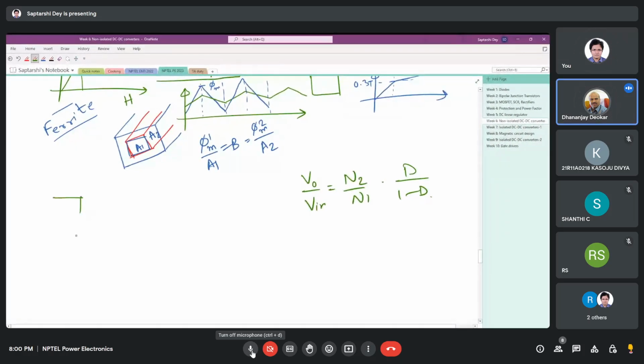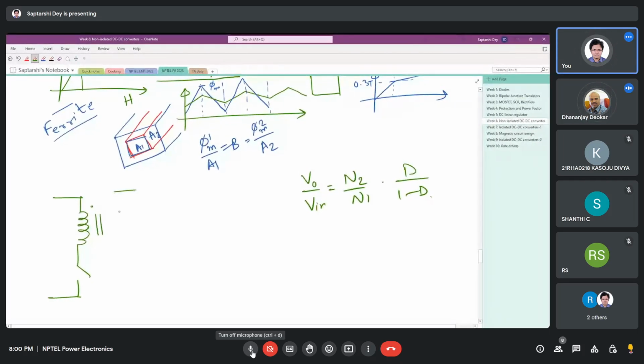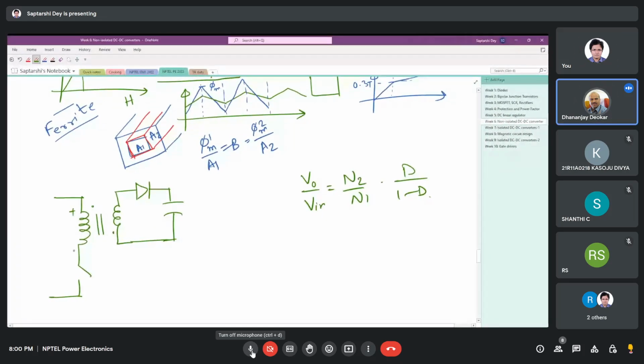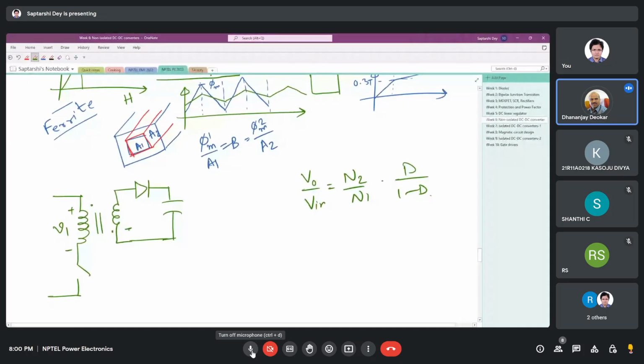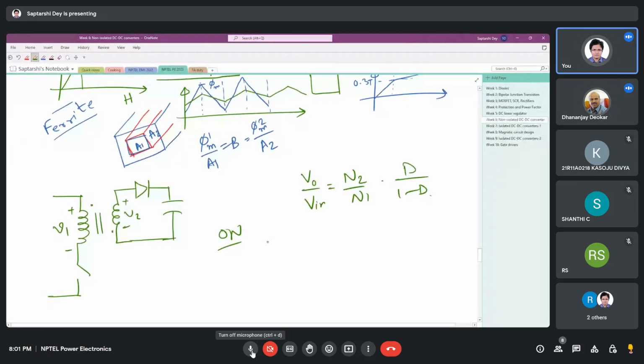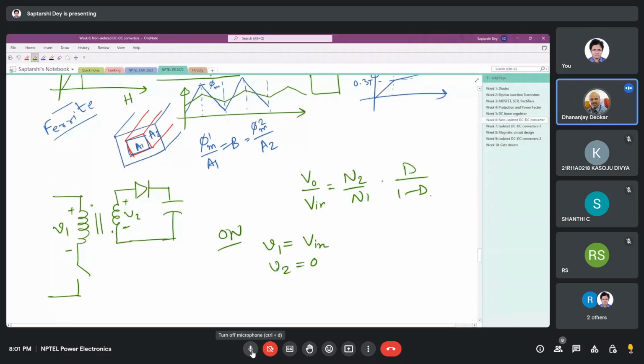So what happens? It'll take me some time to do that. If I have it like this, when I am turning it on, then in the on state V1 is the input voltage and V2 is 0.